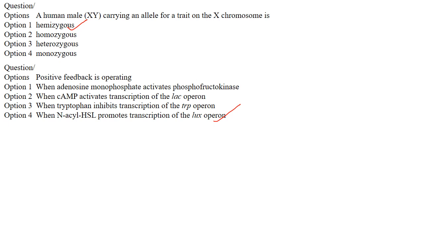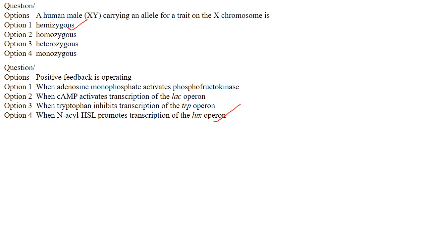When adenosine monophosphate activates phosphofructokinase, phosphofructokinase activity in all organisms is controlled by a negative feedback loop created by the relative abundance of ATP to its hydrolysis products ADP and AMP. So a negative feedback loop is operating.